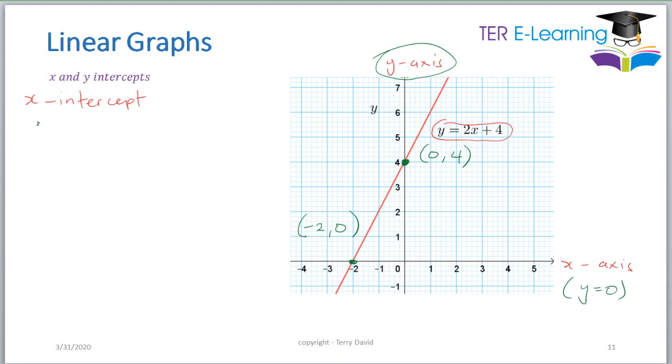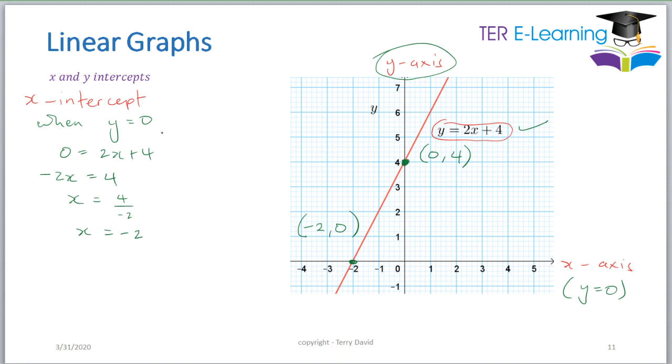So we're going to say when y is equal to 0, right? This is my equation here. When y is equal to 0, 0 is equal to 2x plus 4, right? Now this is a simple equation we're going to have to solve. So if we put the 2x on this side, it becomes minus 2x is equal to 4, and therefore x is equal to 4 divided by minus 2, and therefore x is equal to minus 2.